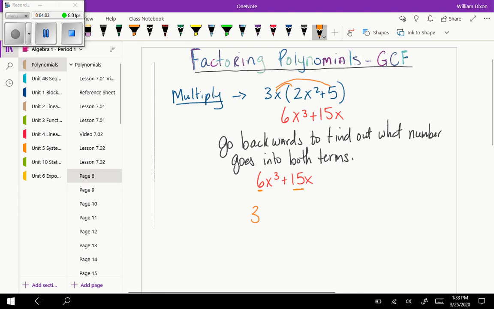Now, this is the part that gets students, and I really would love to see you right now and see what you're thinking. I have to also deal with those variables, x to the third and x. Believe it or not, there's a greatest common factor there. It's really simple, though.